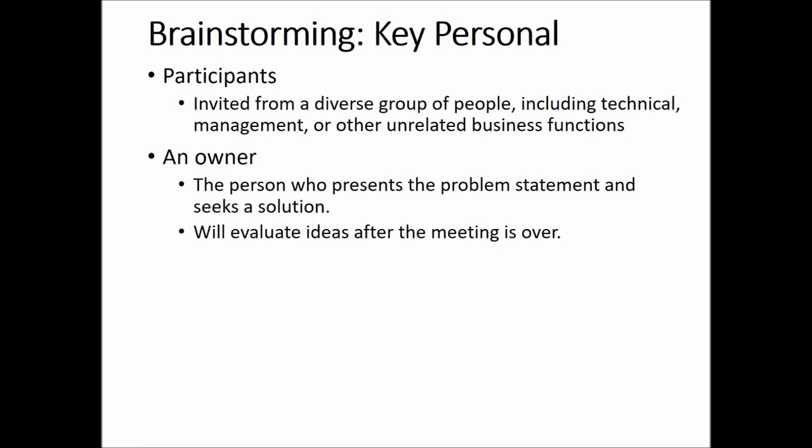The owner is a person who has a very clear idea and understanding about the problem that you're going to discuss or solve during the session, and he or she eventually evaluates all these ideas and summarizes the session.